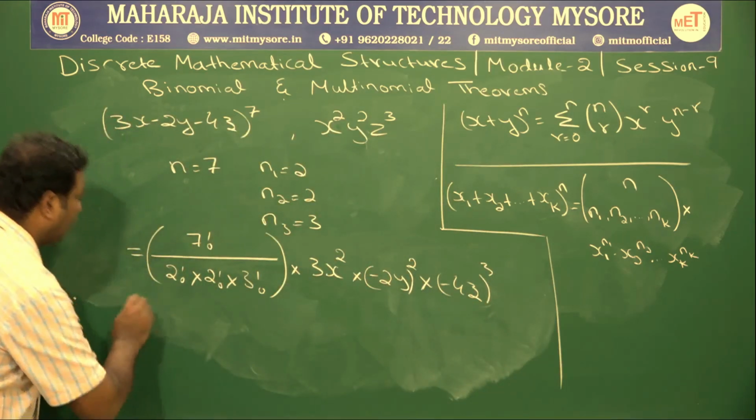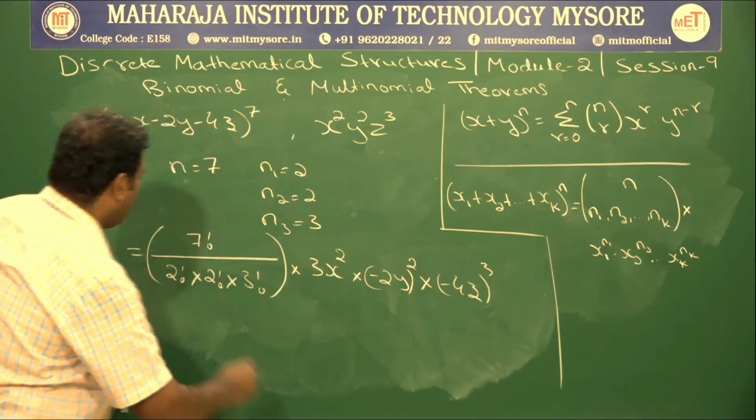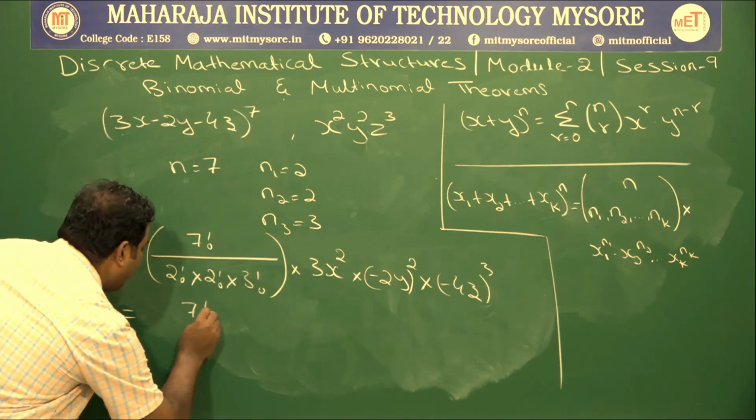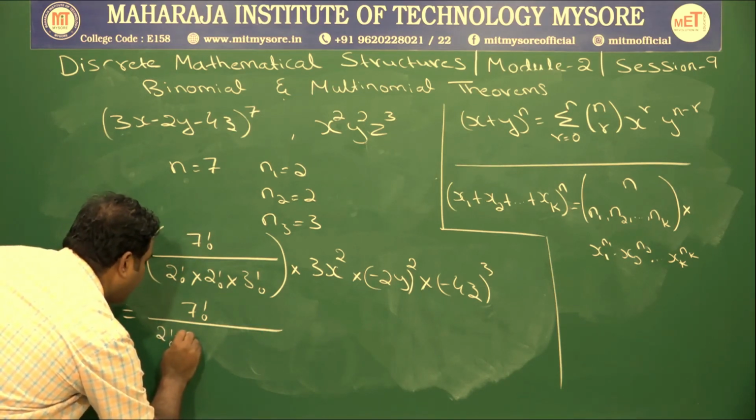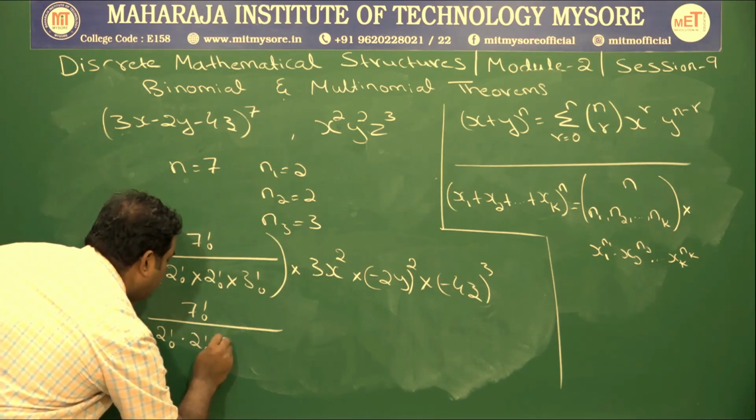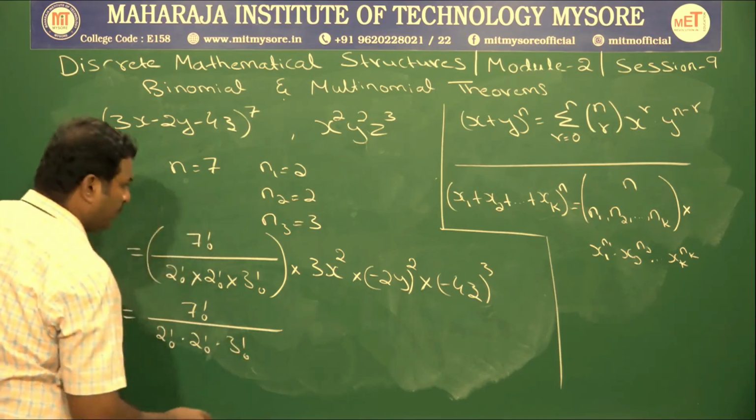Now just to simplify this, I have 7 factorial divided by 2 factorial into 2 factorial into 3 factorial.